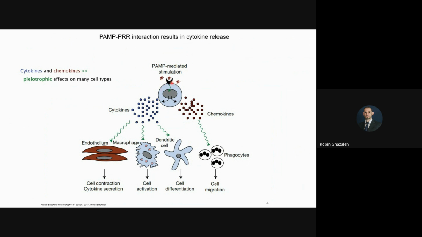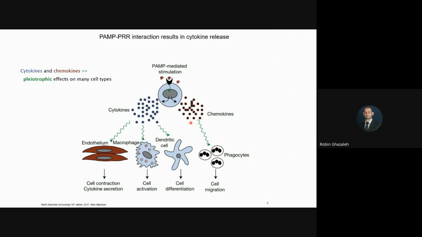This stimulation of the cell results in the release of cytokines, and cytokines can interact with many other cells, immune cells like macrophages and dendritic cells. Phagocytic cells are a class of cells. Macrophages are phagocytic, but here primarily neutrophils are indicated. And they can result in cell migration, calling in cells from the bloodstream.